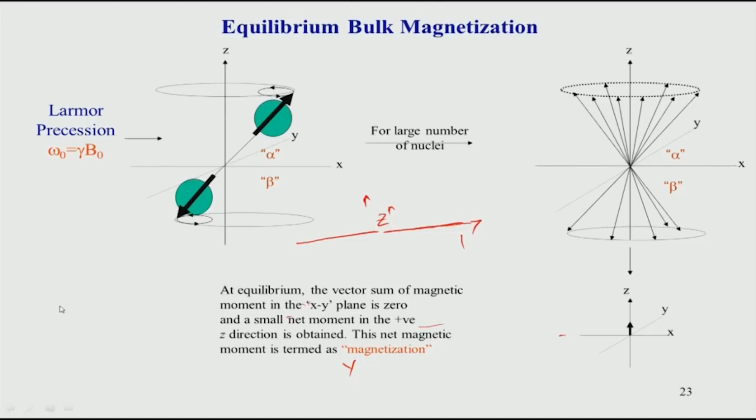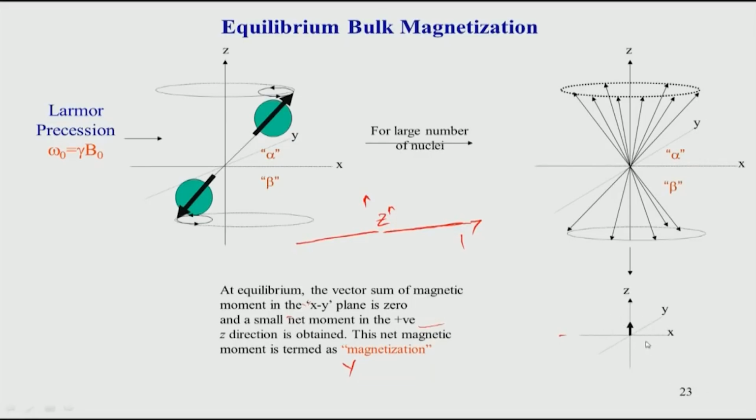So, we will look at the final picture which emerges from this consideration. The positive z values will cancel with the negative z values, resulting in a net vector pointing along the z axis. This is our final magnetization.